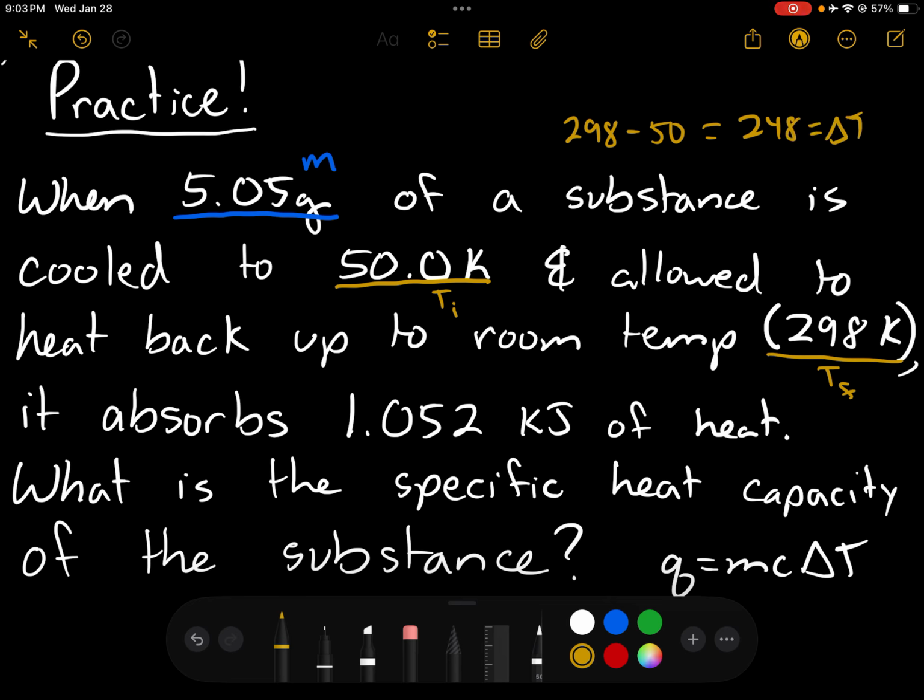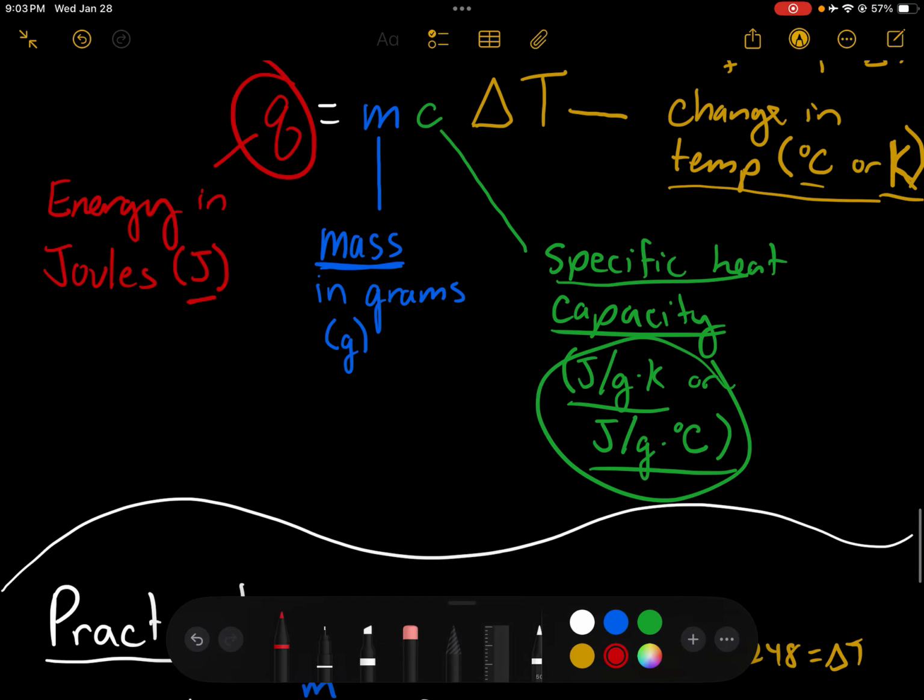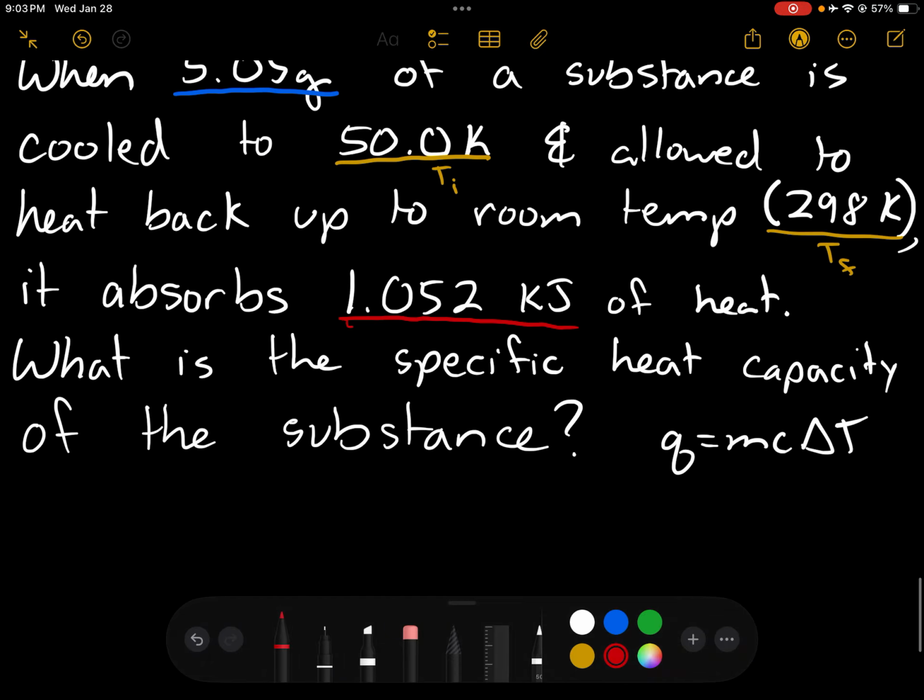When that happens, it's going to absorb 1.052 kilojoules of heat. I know that that's heat, but it needs to be in joules, so I have to convert it. Every kilojoule is 1,000 joules, so this is 1052 joules. I'm asked for the specific heat capacity of the substance, so that's C. I don't know what it is.